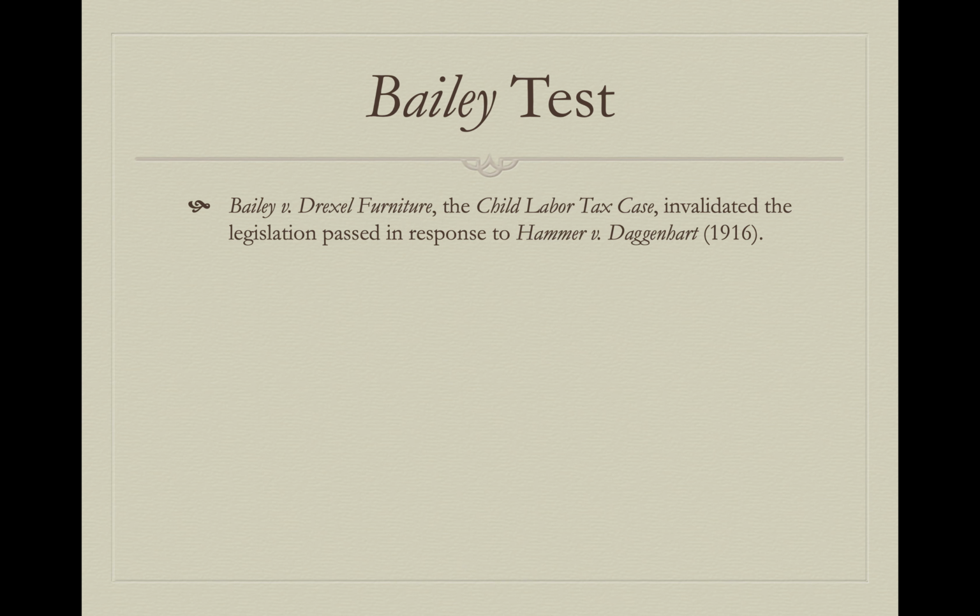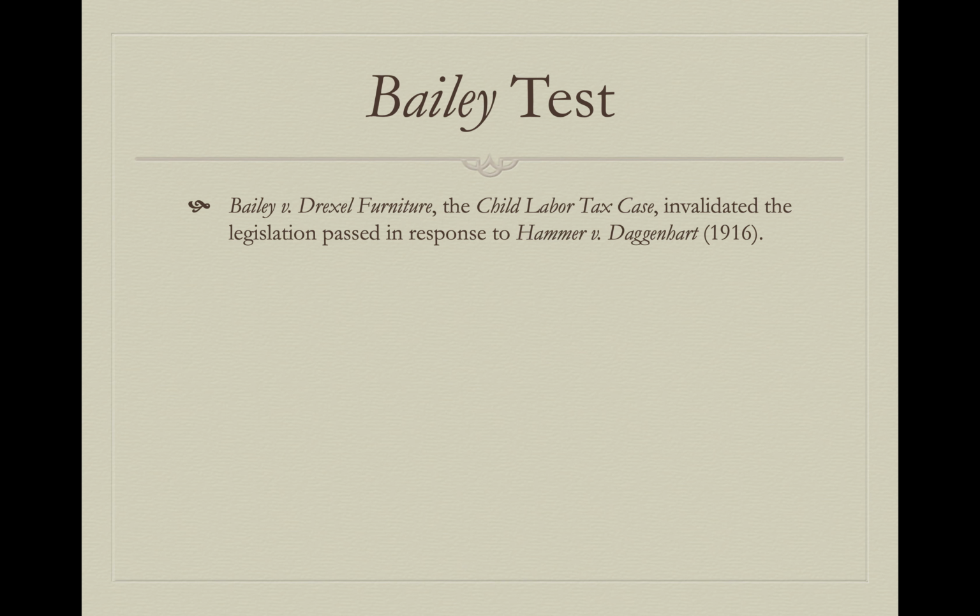How did this case come about? So Hammer versus Dagenhart, which I talked about in the earlier recorded lectures on the Commerce Clause, is the case that gets explicitly reversed in Darby. In Hammer versus Dagenhart, Congress attempted to prohibit the shipment in interstate commerce of goods made by child labor.